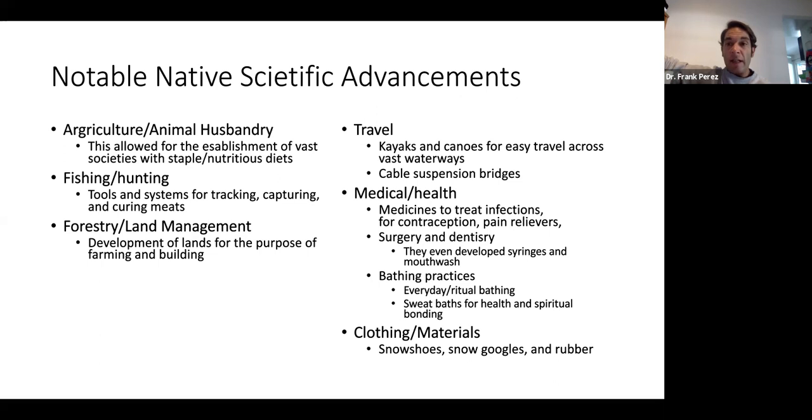And then what was very key to a lot of this, and actually what put them into a bad situation when there was European contact, was that Native societies practiced daily and ritual bathing.